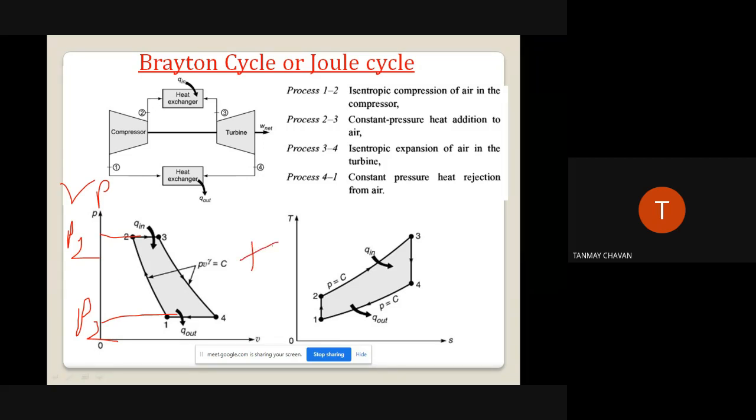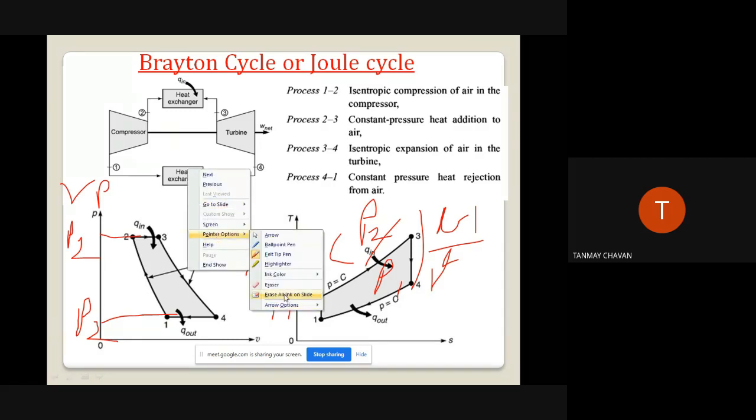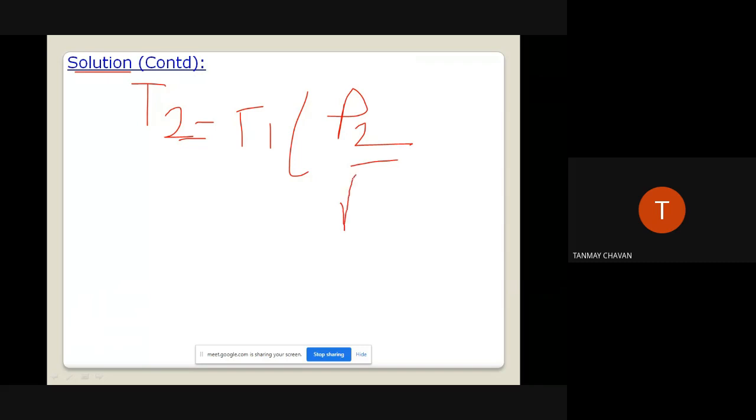So we can write T2 by T1 is equal to P2 by P1 raised to gamma minus 1 upon gamma. So T2 is equal to T1 into bracket P2 by P1 raised to gamma minus 1 upon gamma.